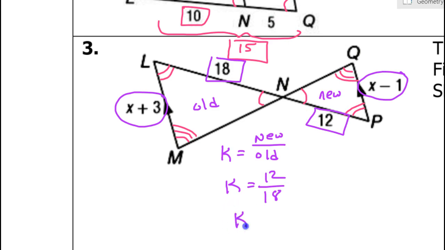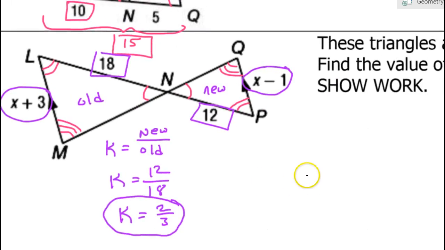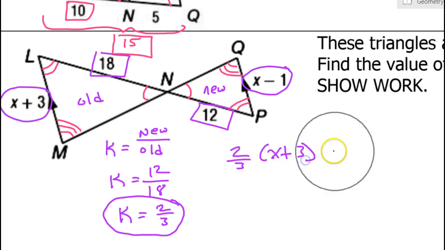So that's what we will use as the scale factor, 2/3. Now, the scale factor should turn an old length into a new length. In other words, if I do 2/3 of the old length, x plus 3, that should equal the new length, x minus 1.